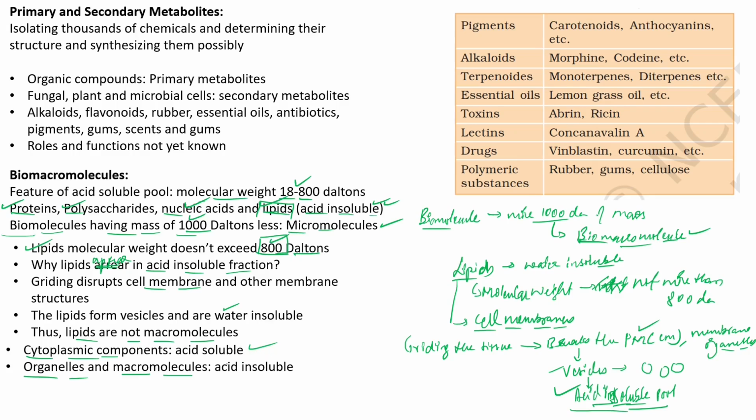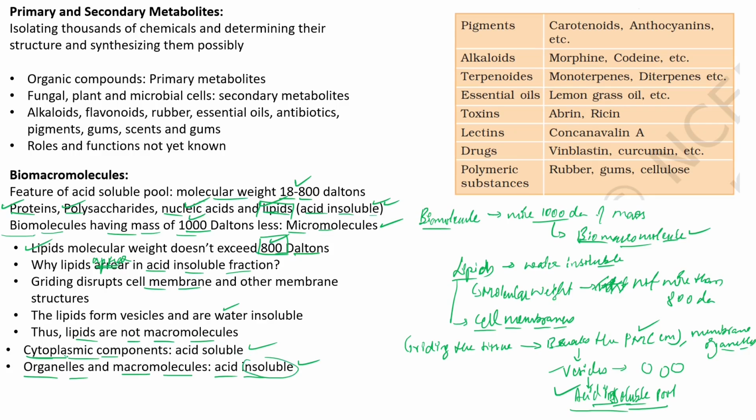Whereas the macromolecules and the organelles, we call the acid insoluble pool, right? So they may ask you which of the following cellular components or constituents is acid soluble or acid insoluble, right?